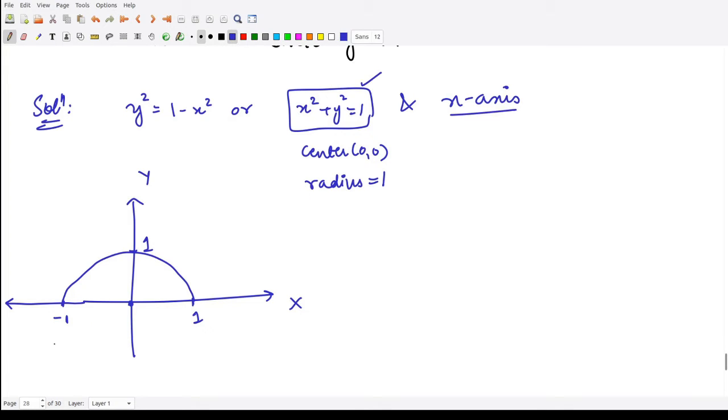So we can write this point as minus 1 comma 0, this point is 1 comma 0, this point is 0 comma 0, and this point is 0 comma 1. Let us also name them A, B and O. The equation for this curve is y is equal to square root 1 minus x square. The equation of this line is y is equal to 0, right? So this is our region.